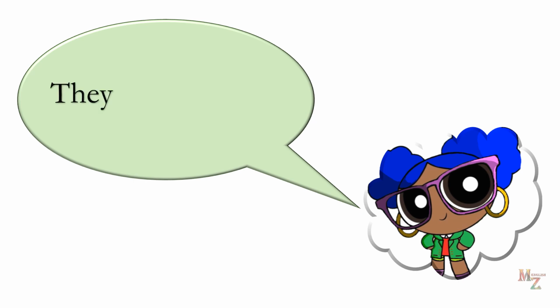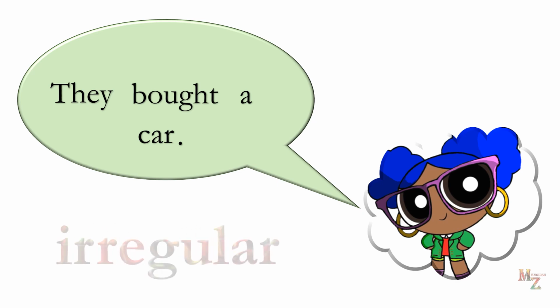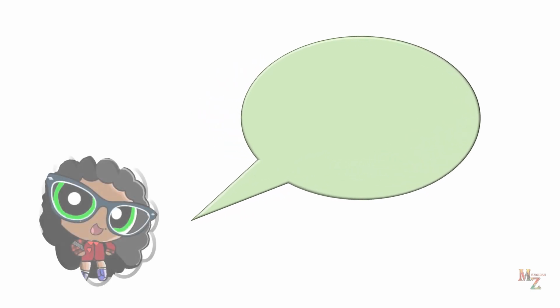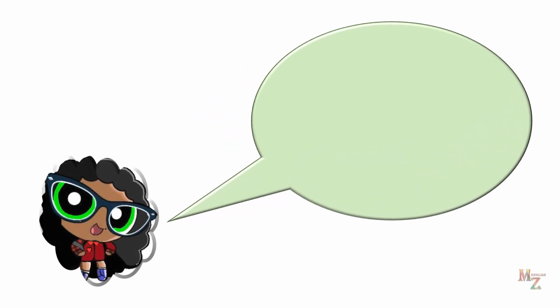They buy a car. Bought. They bought a car. Buy is an irregular verb. Pets give joy.